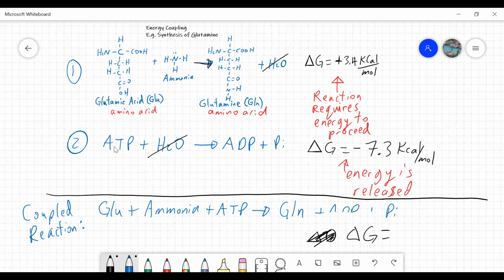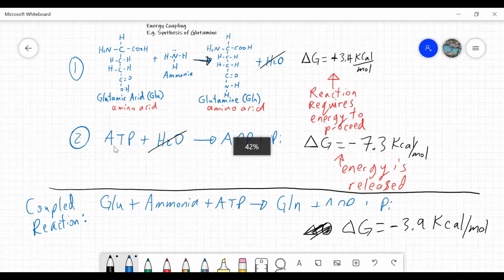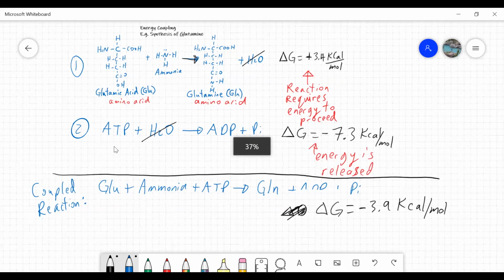And if you add these two things together, negative 7.3 plus 3.4, what do we get? We get negative 3.9 kilocalories per mole. And that's what our final reaction looks like. So you can see that the final reaction is favorable. So maybe that's my last note to put on here.